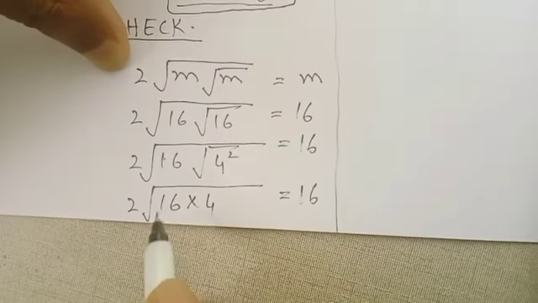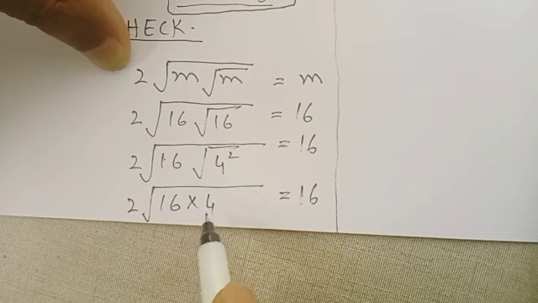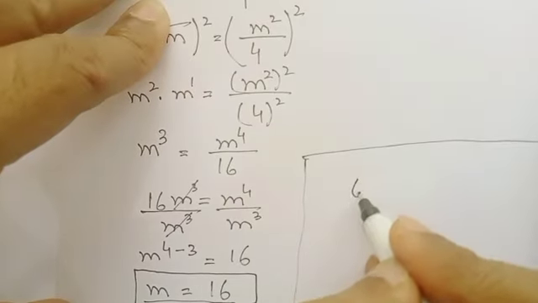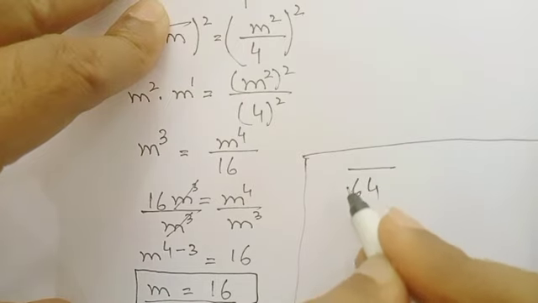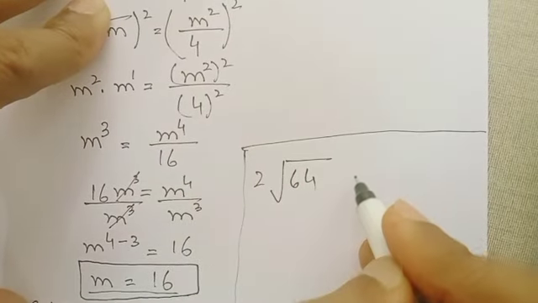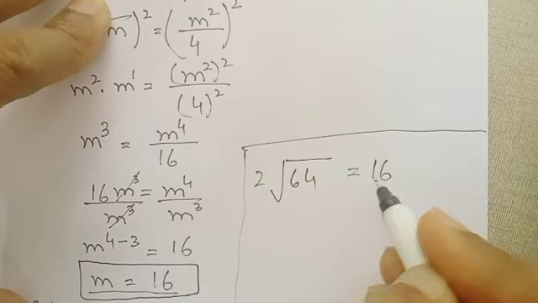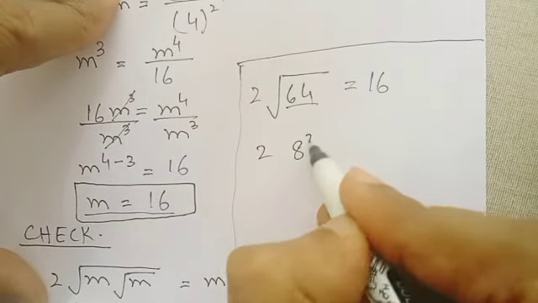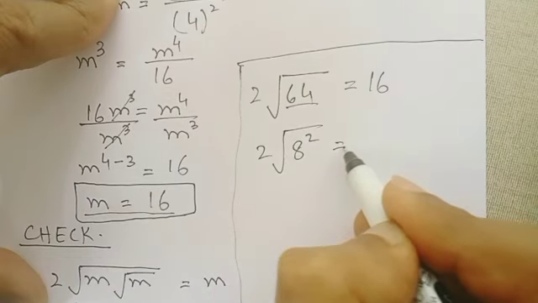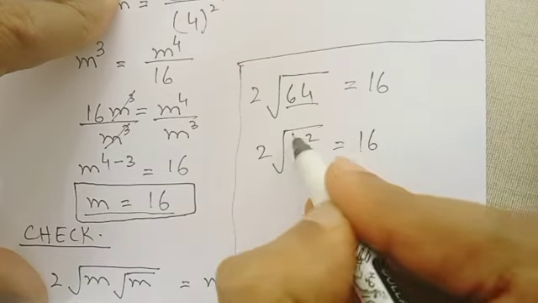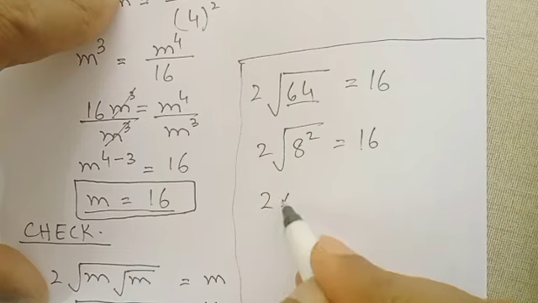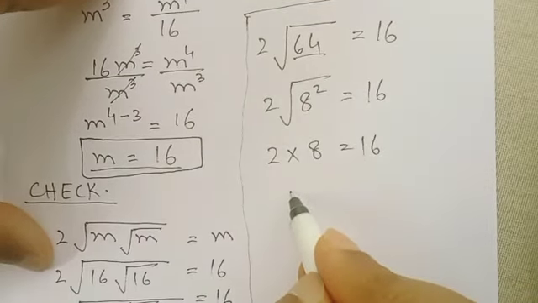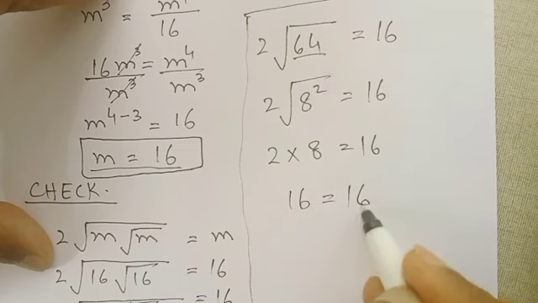Then we take 16 into 4, that is 64, the square root of 64 is 8, so 8 times 2 equals 16. The square root cancels and remains 8 times 2, which is equal to 16. So 16 is equal to 16.